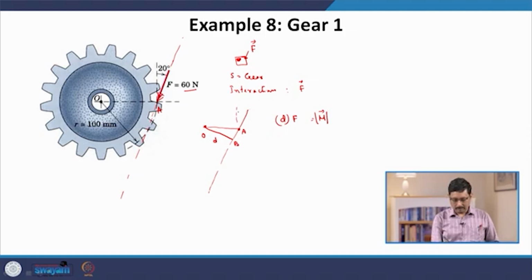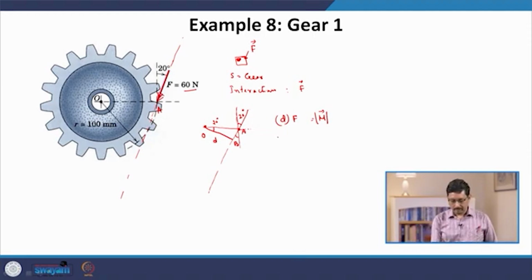Now, given that this angle is 20 degree, which means this angle is the same, and from the geometry it follows that this angle must be 20 degree; you can check it for yourself.